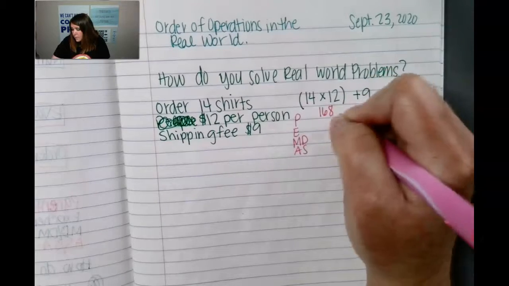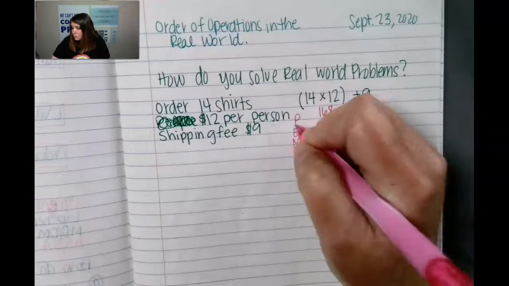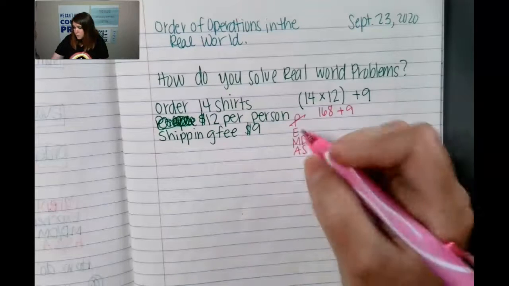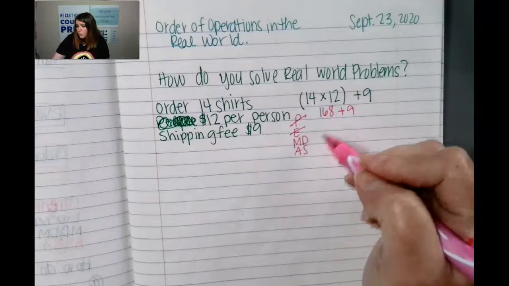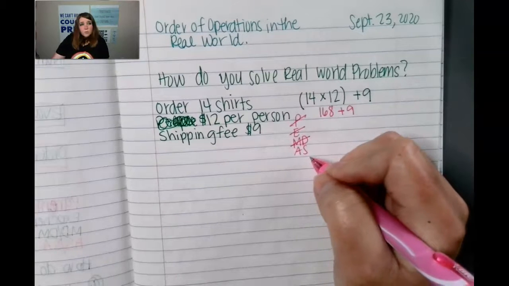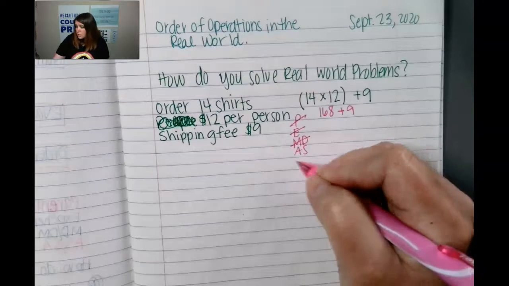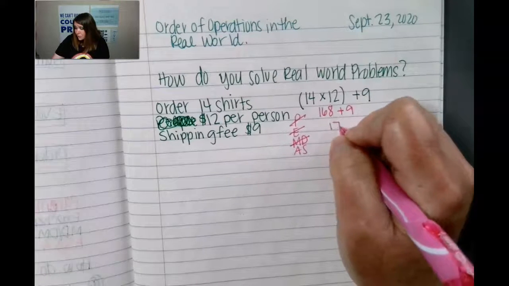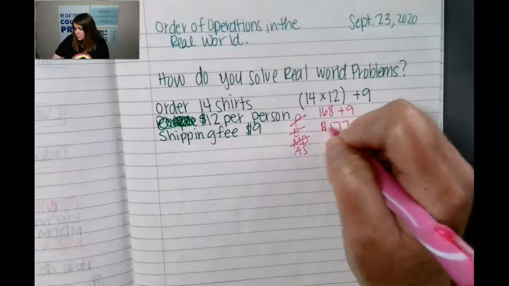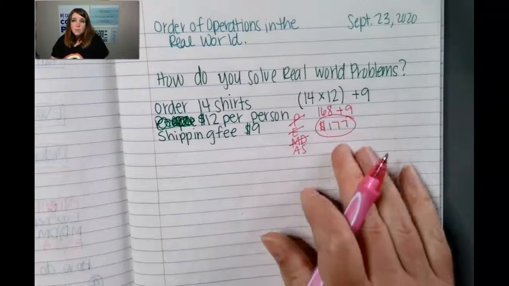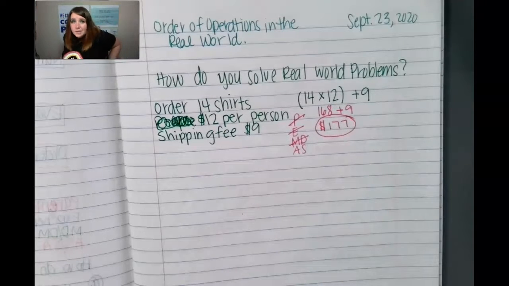Now we're going to drop down this plus 9. That gets rid of the P. We have 0 exponents to worry about. We did our multiplication and division, so now we only have to do addition or subtraction. We're going to add these two together and we should get $177. So the total cost of this order is $177.